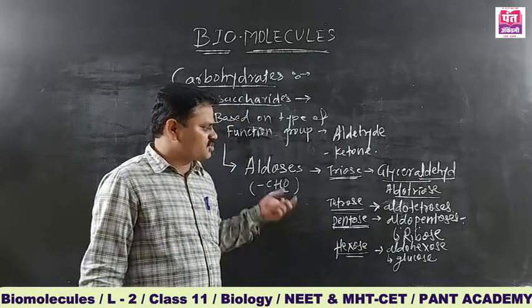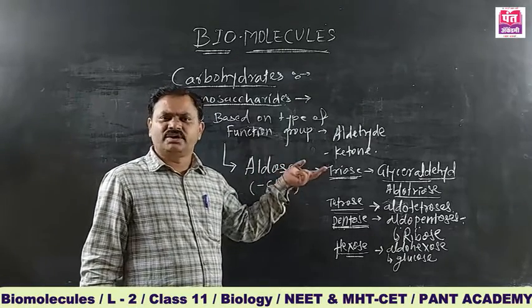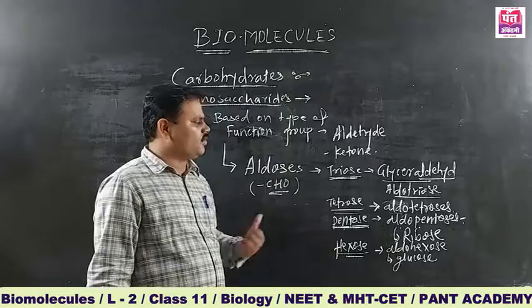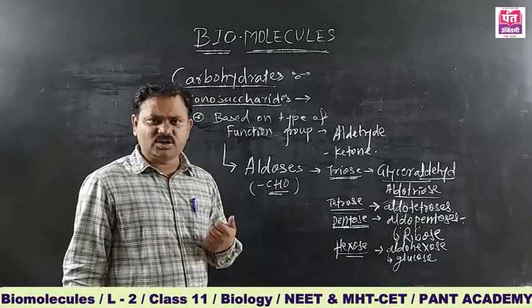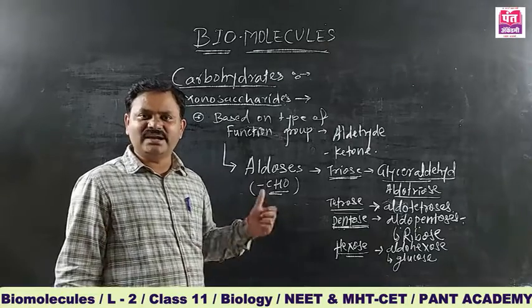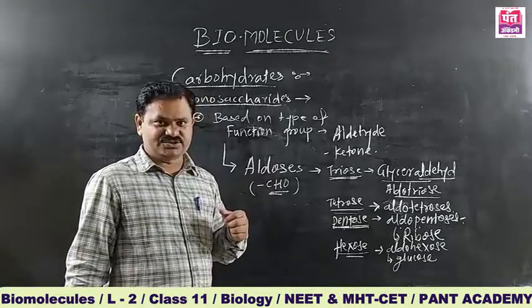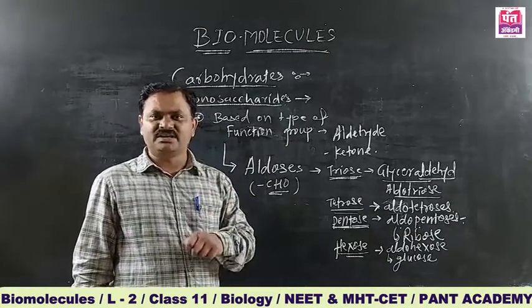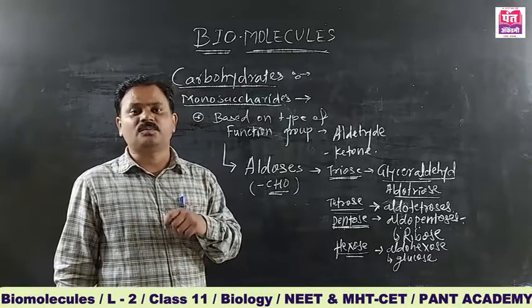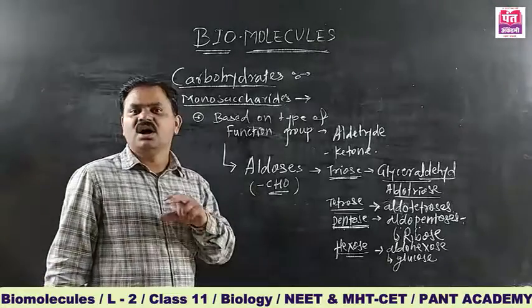So we have many different kinds of aldoses recorded in nature, and therefore any kind of monosugar which contains an aldehyde as a functional group is called an aldose. These functional groups are very important in the function of that monosugar as well, and therefore we have to think about the aldoses as well.